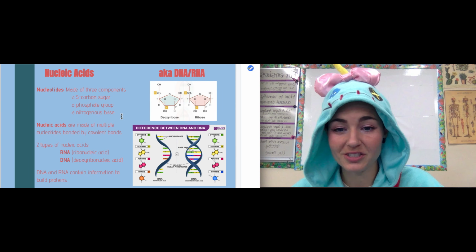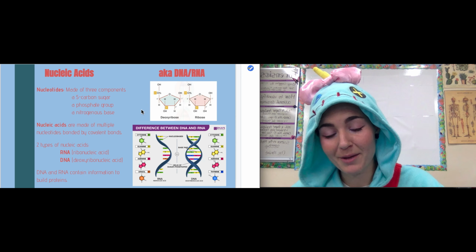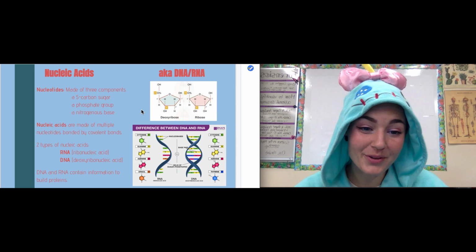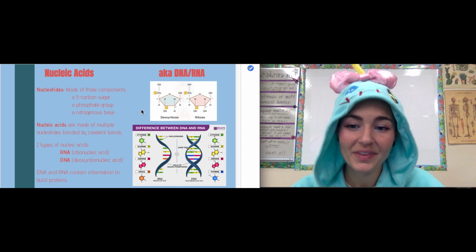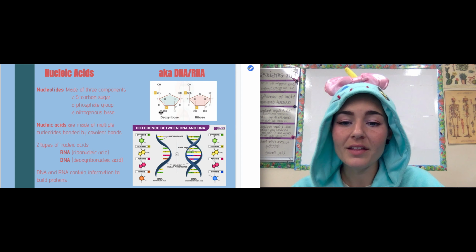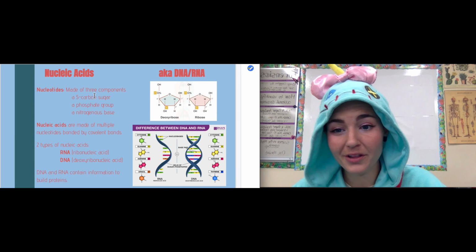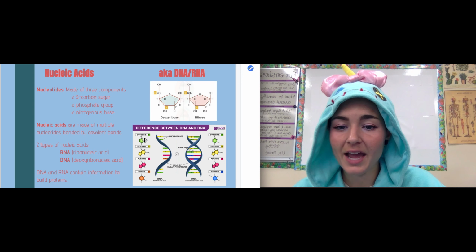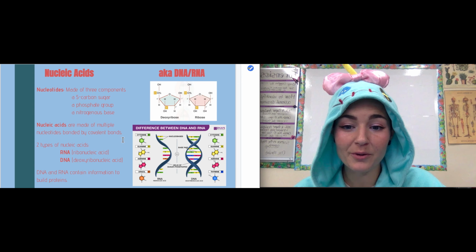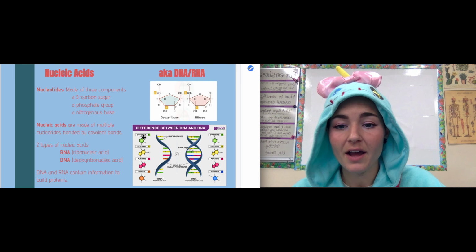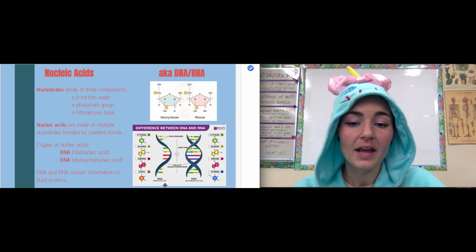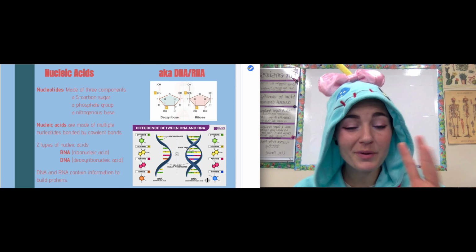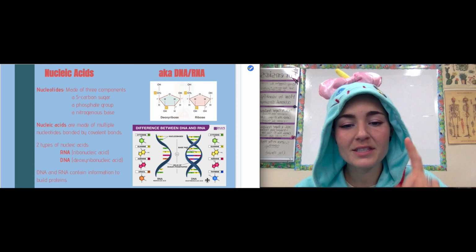There's two different types. There's deoxyribonucleic acid and ribonucleic acid. Essentially, there's DNA and there's RNA. And each of them are made of nucleotides. And nucleotides have different names depending on which one they are. And so there's 4 different ones for RNA and DNA, but RNA and DNA have 3 of the same nucleotides and then 1 different one.